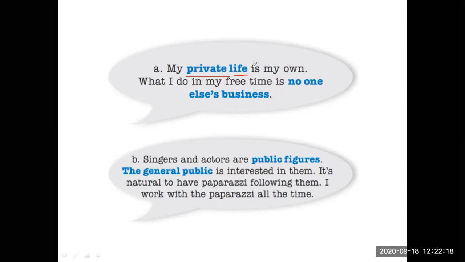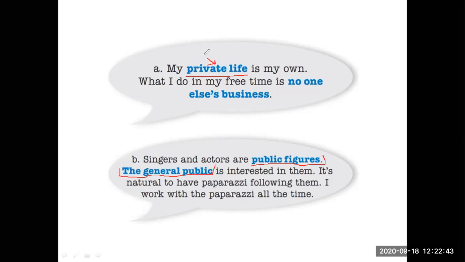Okay. Public figures, as I said, are famous people: artists, singers, actors, actresses. The people that are famous or popular are public figures. The general public is the opposite of private life.